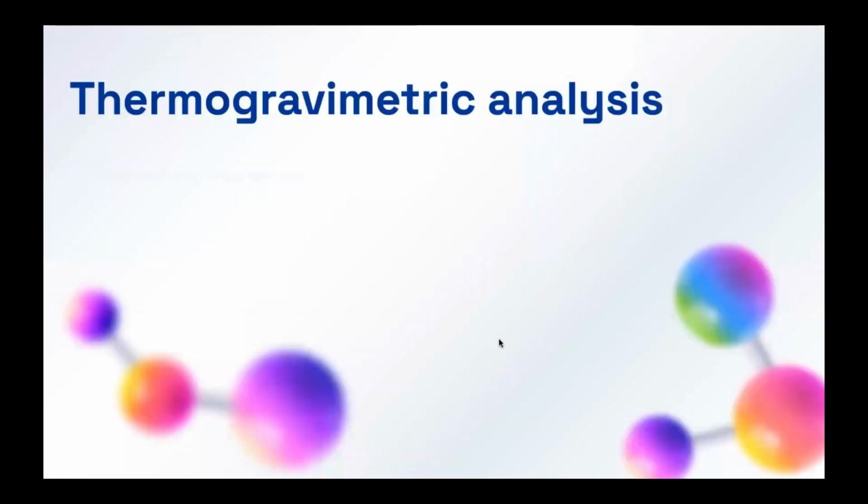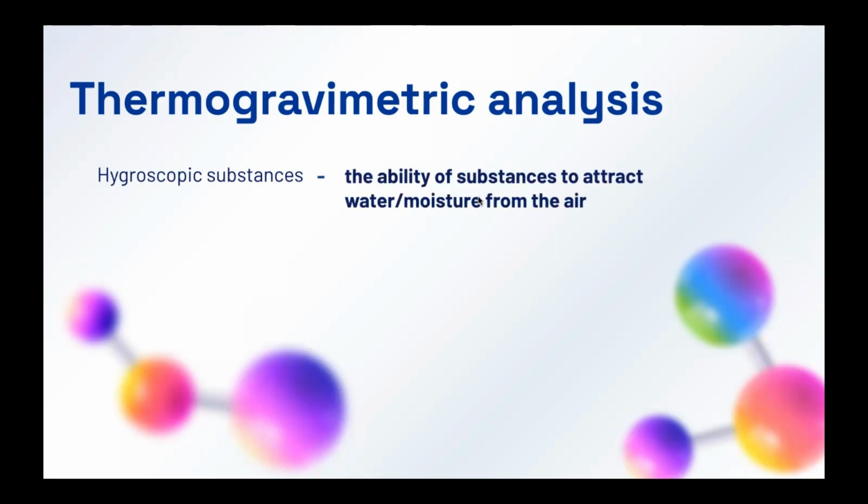Thermogravimetric analysis. So what are hygroscopic substances? You may have an idea, but if you don't, worry not. Hygroscopic substances are substances that have the ability to attract water or moisture from the air.